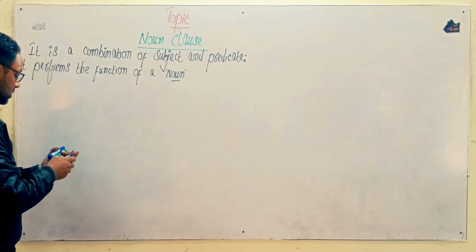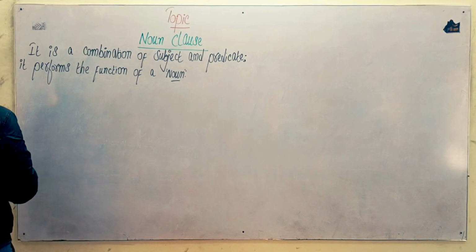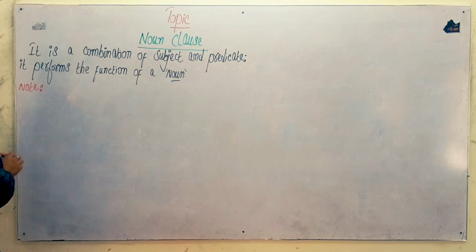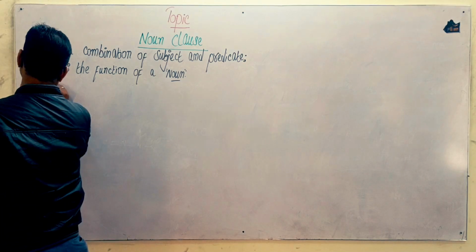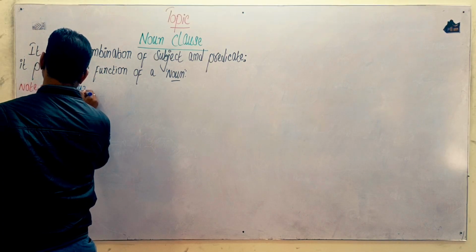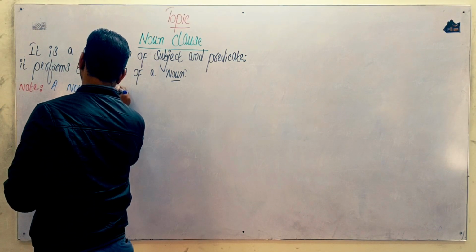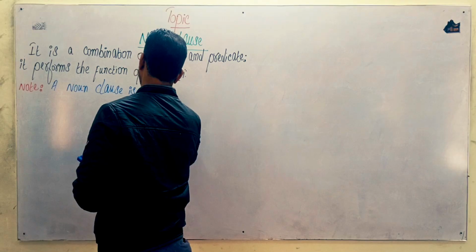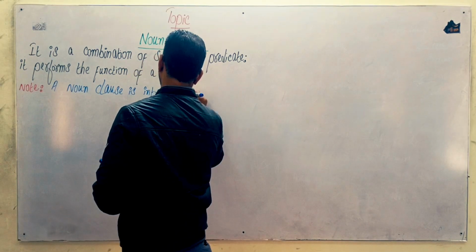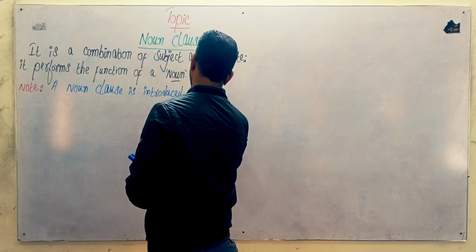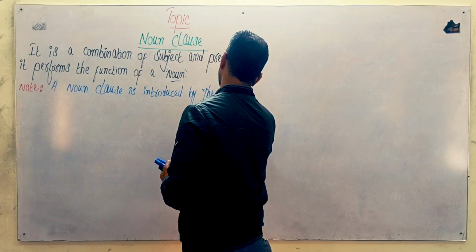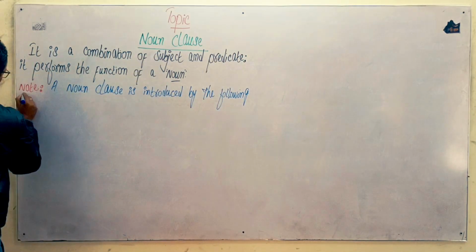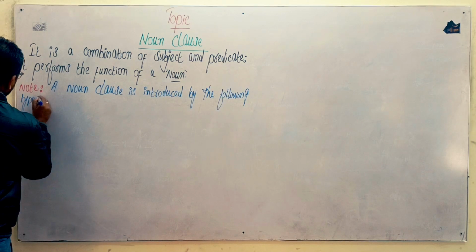So what are the types? हम एक note लिख लेते हैं, and the note is, a noun clause is introduced by the following types. Types. What are those types?